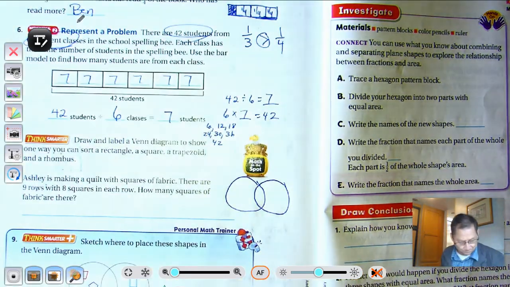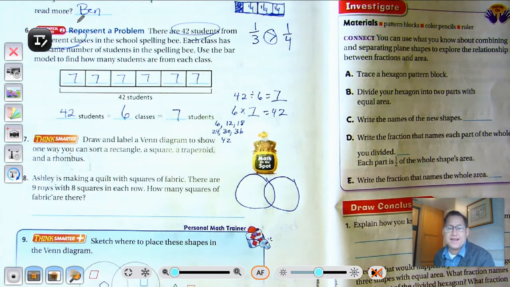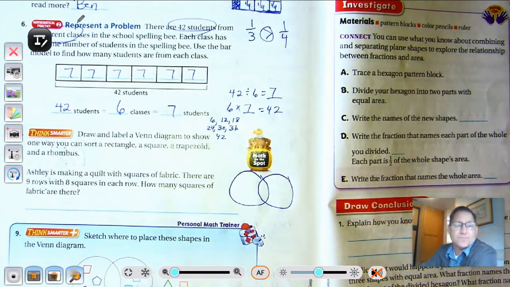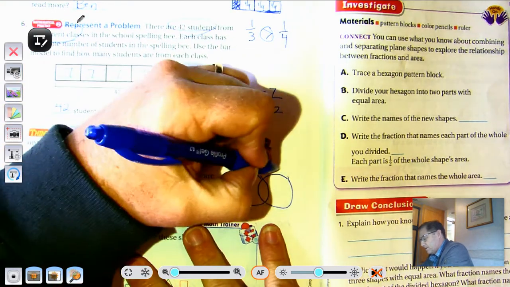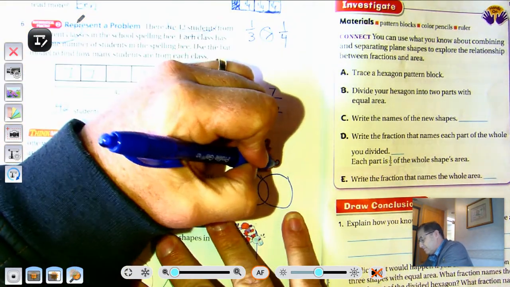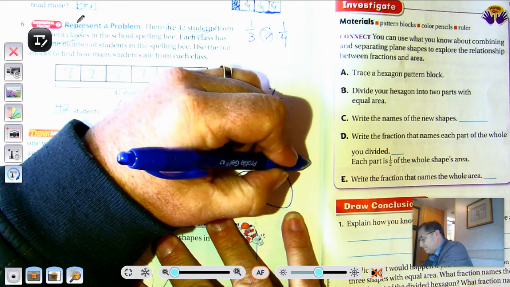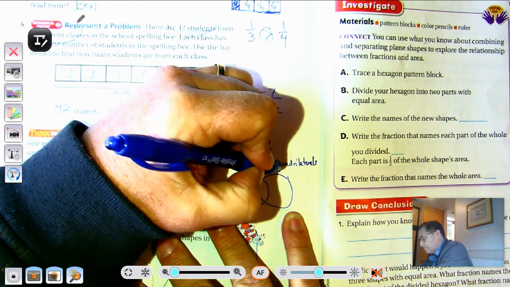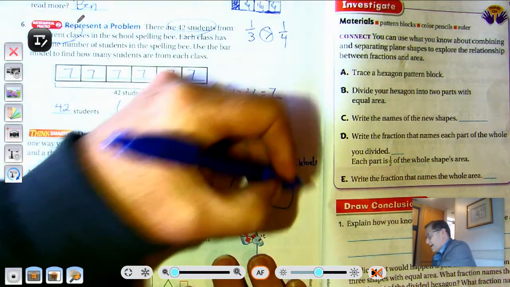And now we want to sort the rectangle, a square, a trapezoid, and a rhombus. So we could say quadrilaterals with right angles.